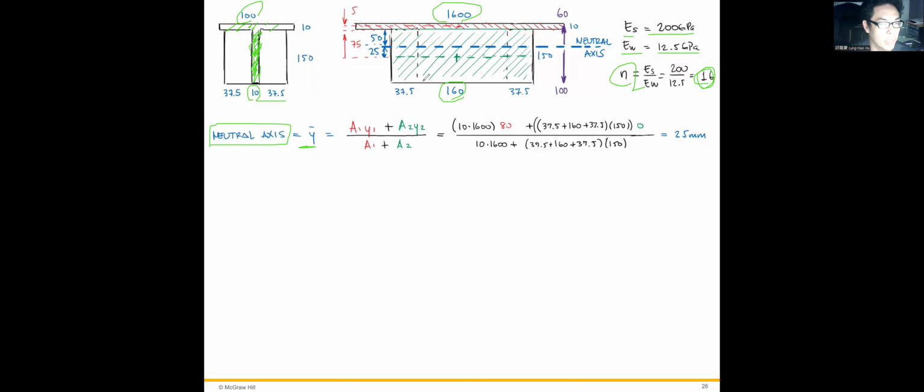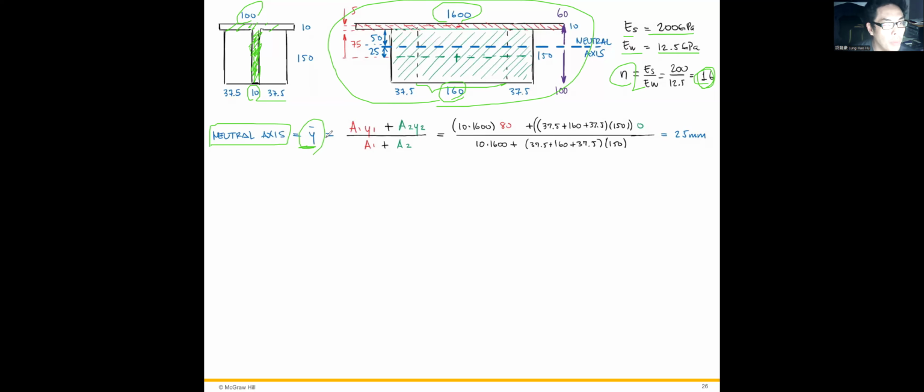Okay, 160. Here. Okay, so now we have to figure out what is the neutral axis of this modified composite beam, Y bar.